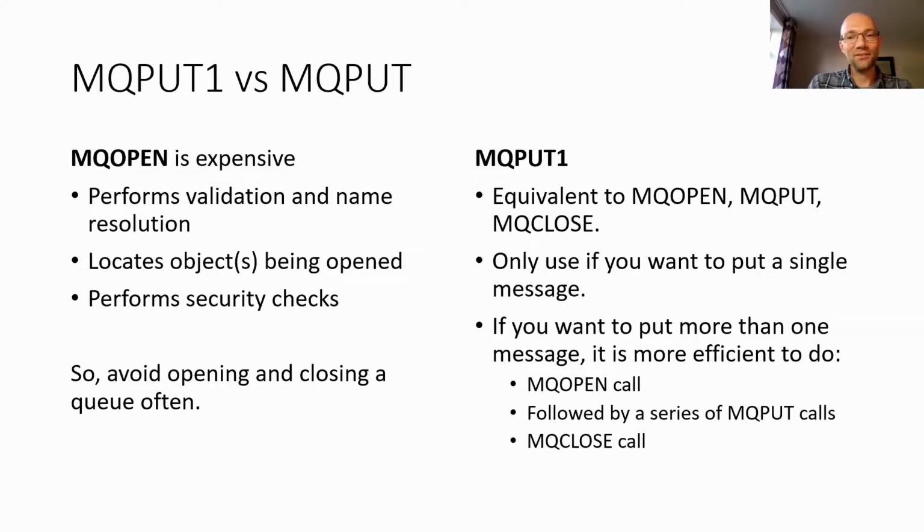But you should only do that if you're putting a single message, because it is still less efficient to do MQ put one than, for example, MQ open, two MQ puts, and then an MQ close. So the takeaway point here is that opening a queue is expensive, so avoid opening and closing a queue too much.